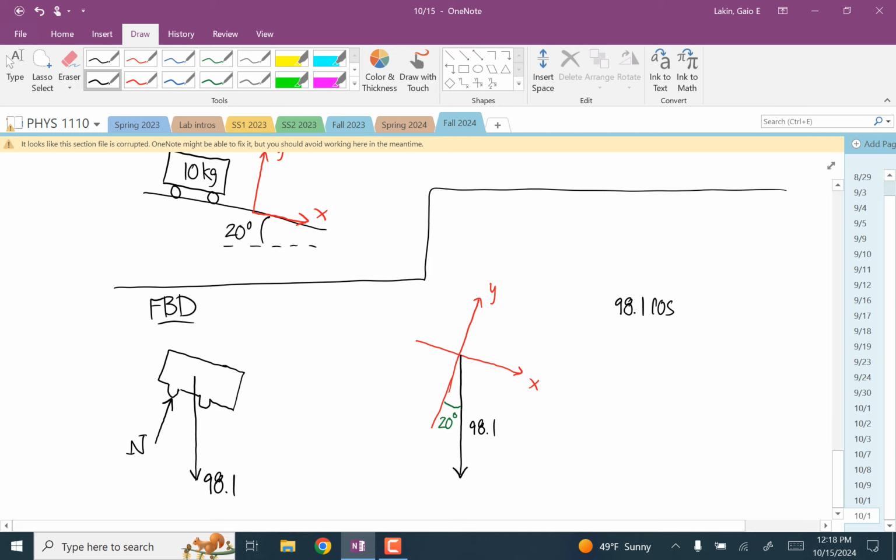So if you're going counterclockwise from the x-axis, you go 90, 180, 270, and then you have to go 20 more degrees to get to it. Anybody have any questions about that? Do you see what I'm talking about? And so this is 98.1 times cosine of 290, 98.1 times the sine of 290.